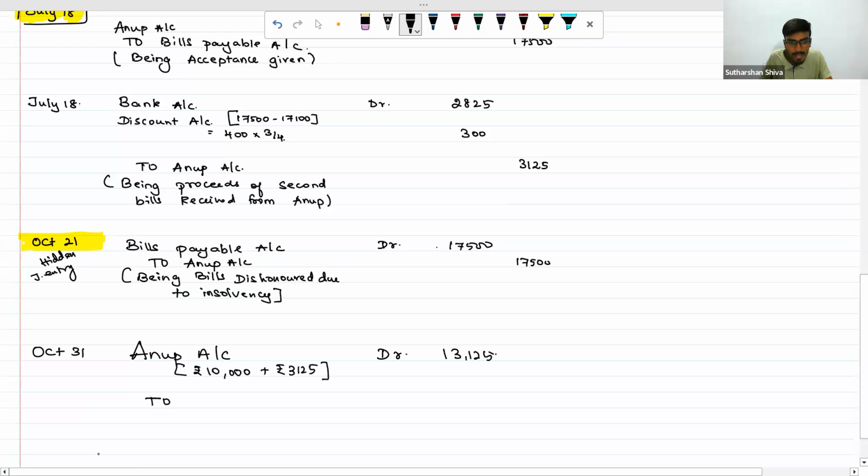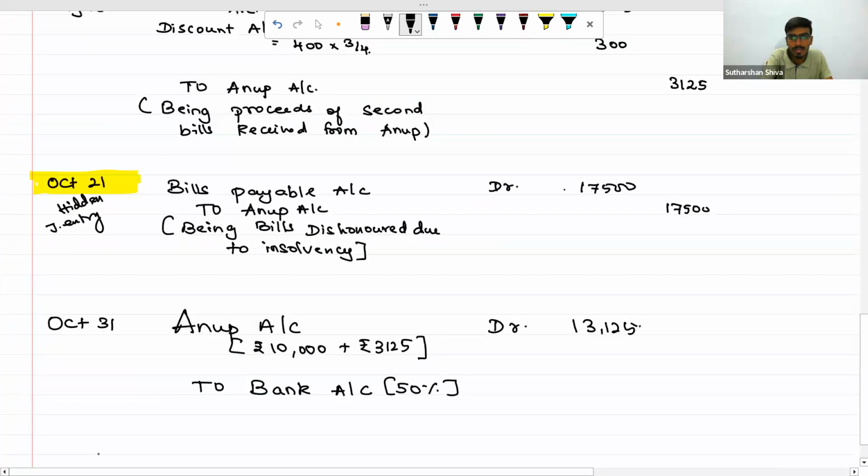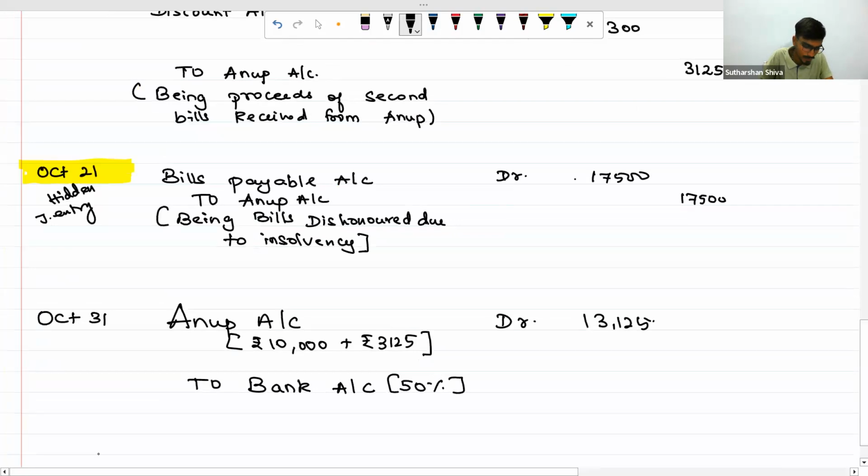To bank account. What is the amount I need to recover? Only 50%. 13,125 into 50%.